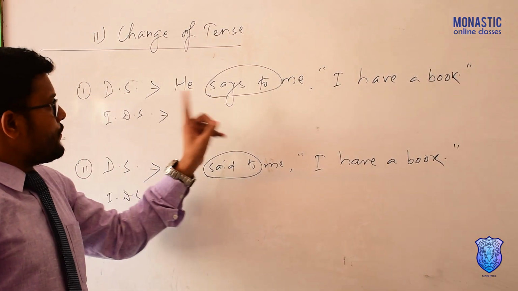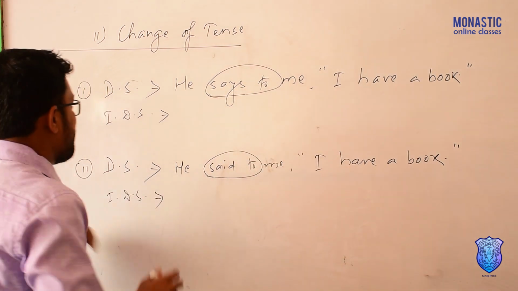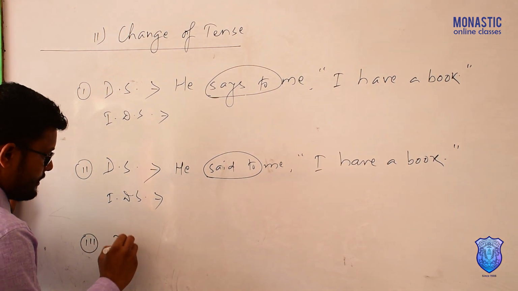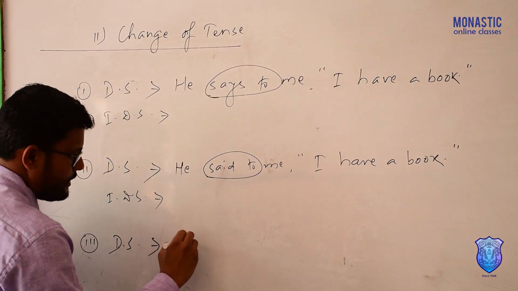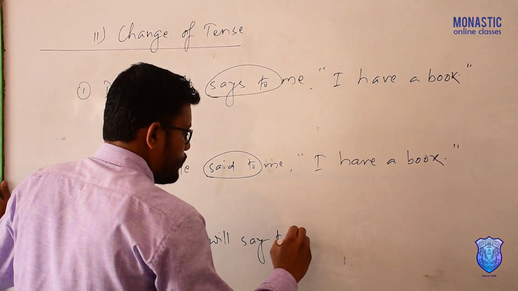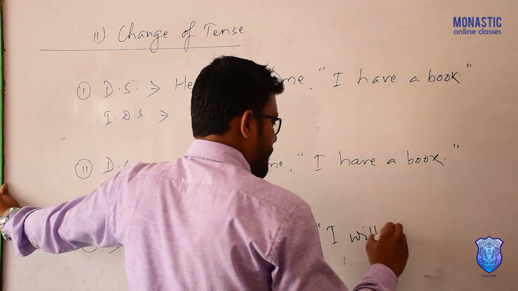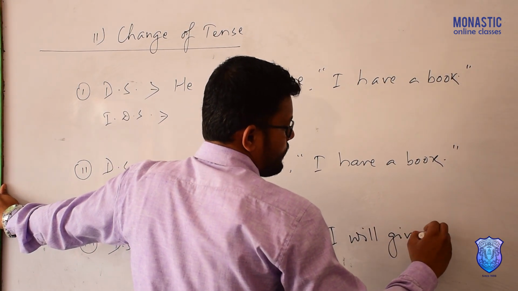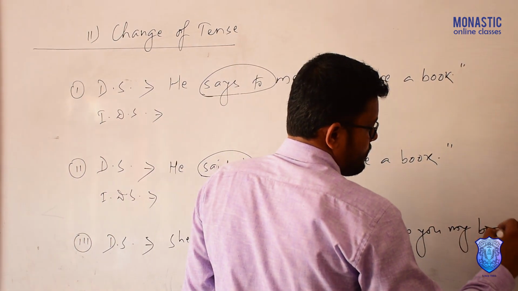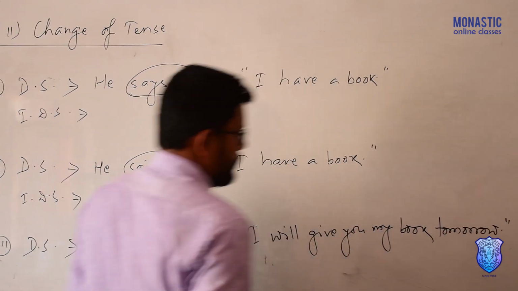Once again, if you find the reporting verb is in the present or in the future tense, for example, I want to give you another example, that is the DS: she will say to me, I will give you my book tomorrow.